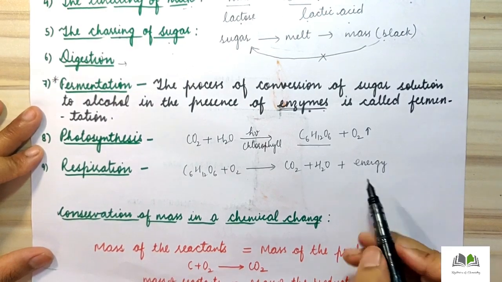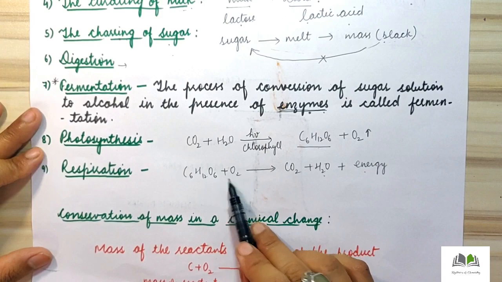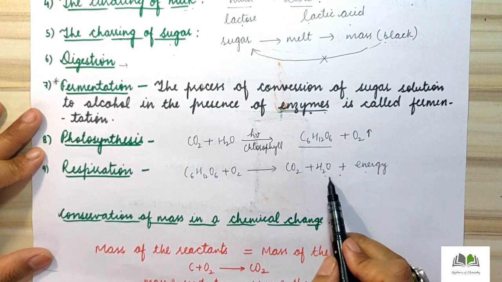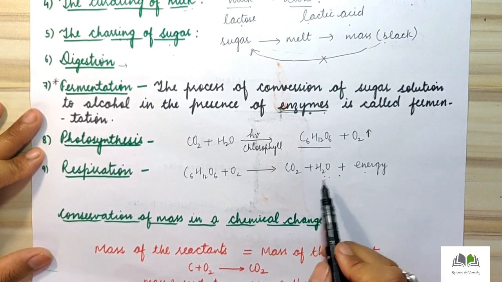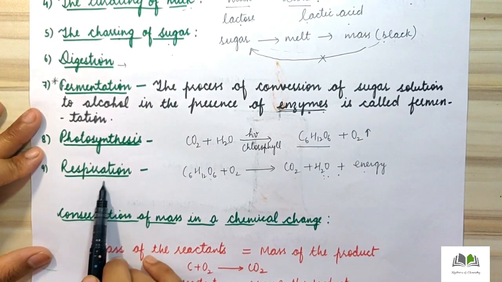So now energy will be formed, and carbon dioxide gas and water will be formed. So we can say that in this case new substances are formed which cannot be reversed back by reversing the conditions. So respiration is also a type of chemical change.